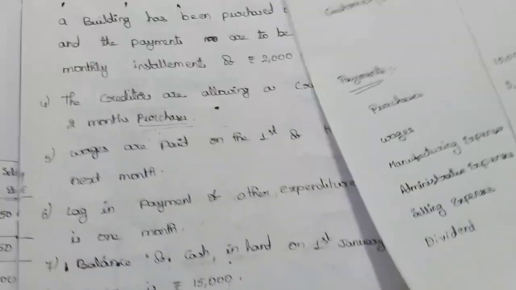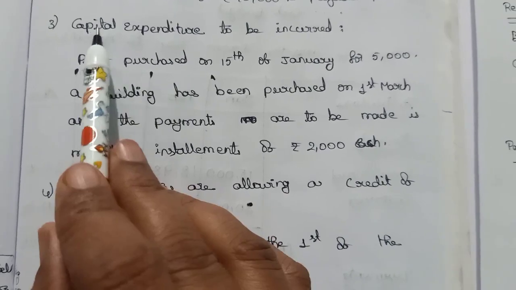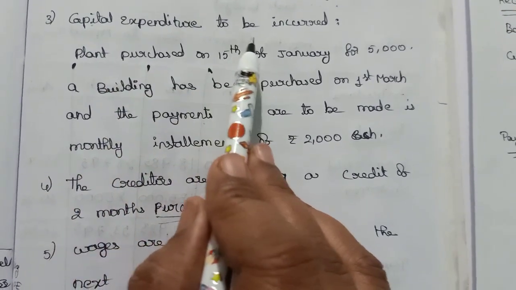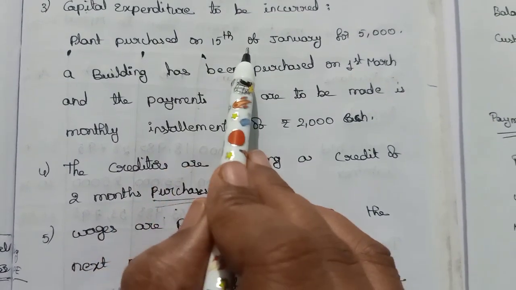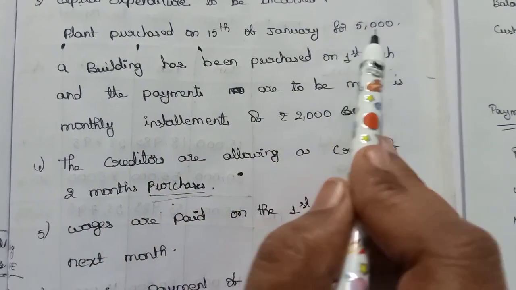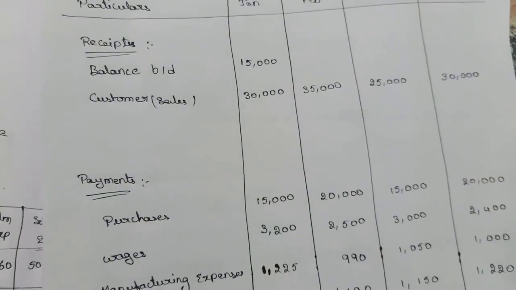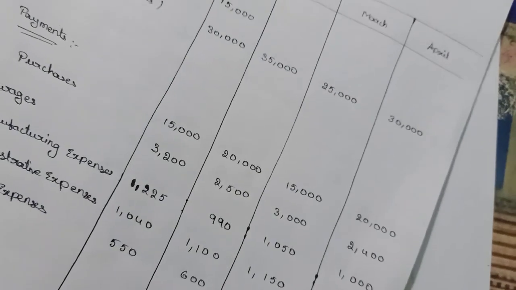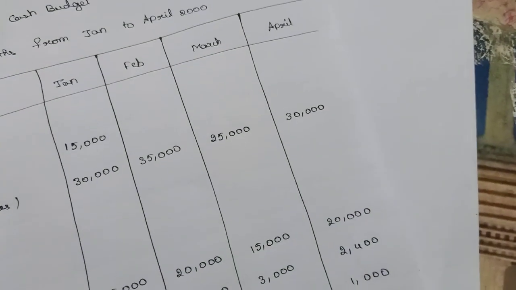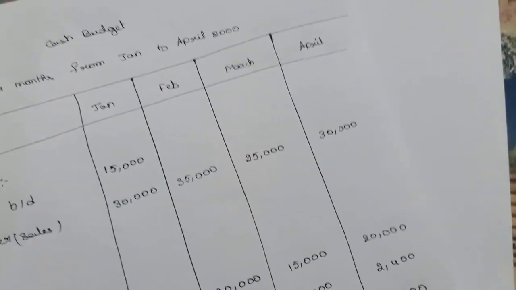Next point, they gave here the capital expenditure. The capital expenditure to be incurred. Plant purchased on 15th of January for 5,000. In which month did they purchase the plant? 15 January they purchased the plant with the rupees 5,000.